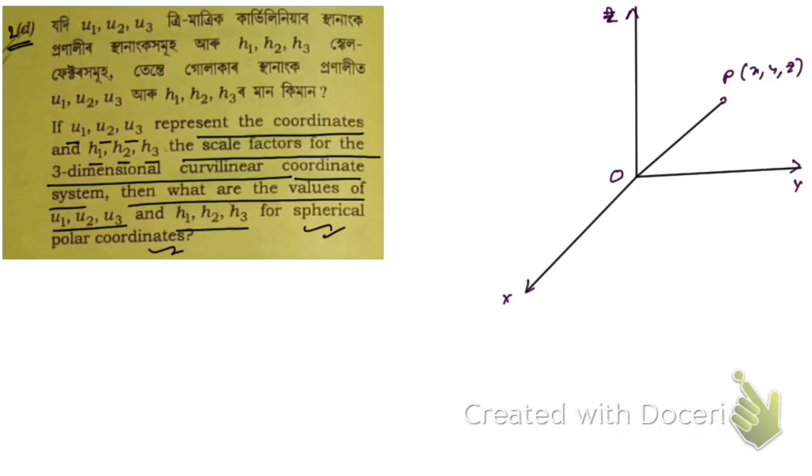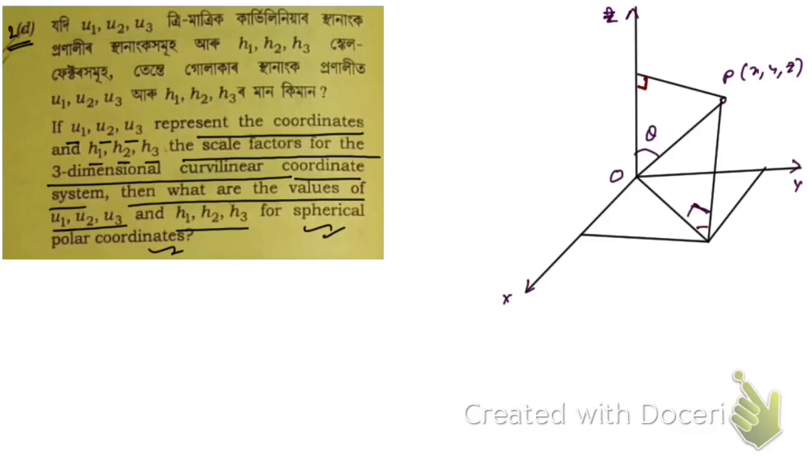This is the origin O. OP makes angle theta with the z axis, and this is the perpendicular from P on the z axis. Let me draw another perpendicular on the xy plane. Here these two are parallel and equal. Though the diagram is not perfect in this 2D plane, consider it that way.